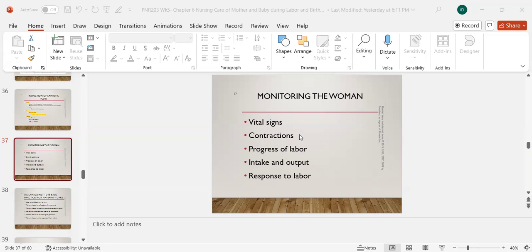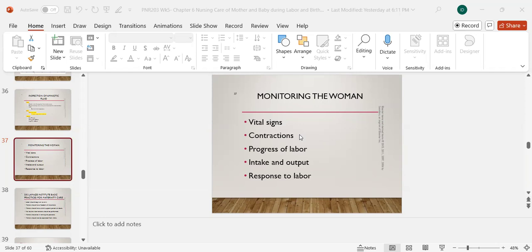Okay. Our role in the labor room as a nurse, we are helping her cope with the discomforts of labor, helping her breathe with the contractions, and giving medication if she wants to at the right time. Such as if she's in the active phase and she wants a little narcotic to take the edge off the labor pains, that's okay.